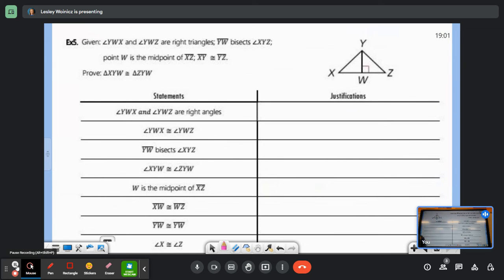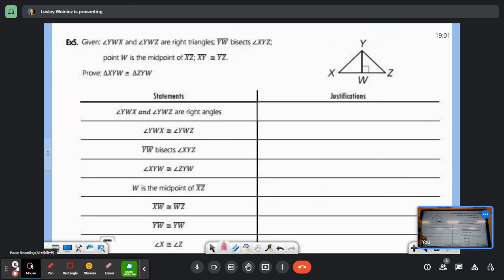Okay, we saved this behemoth for second. So this time we're going to come up with the justifications. So we know that these two triangles, triangle YWX and YWZ, are right triangles.